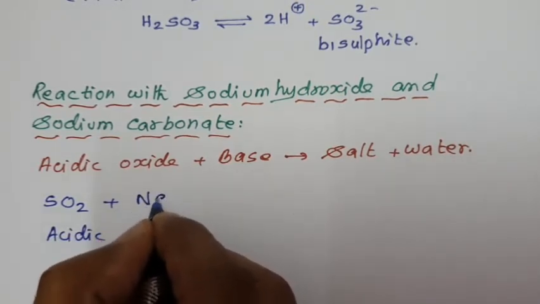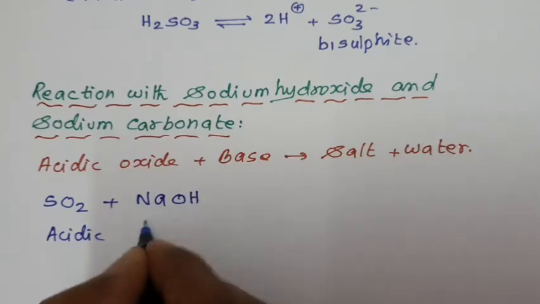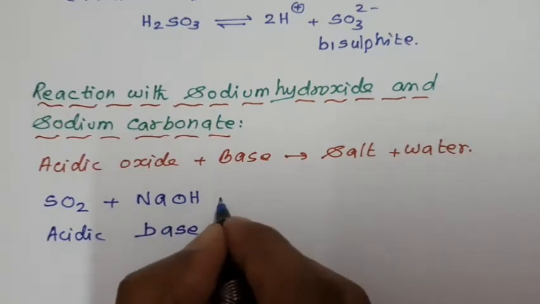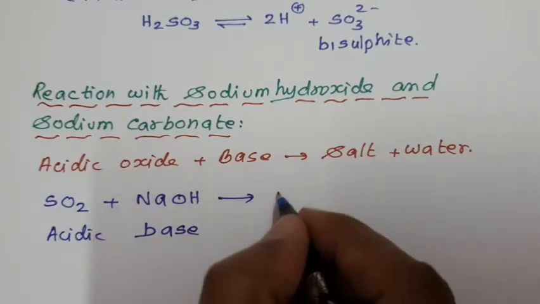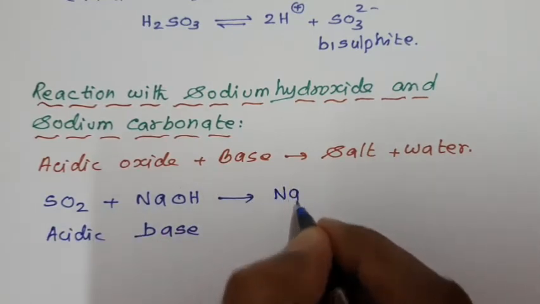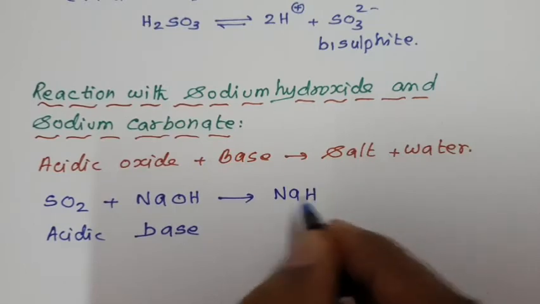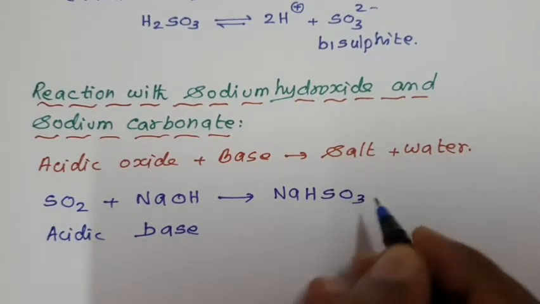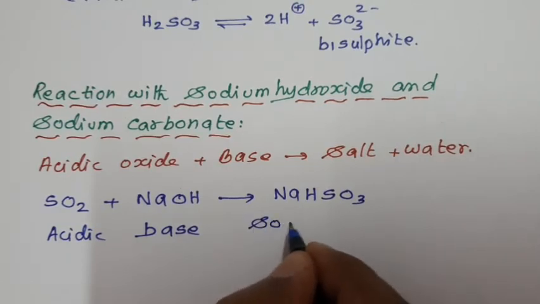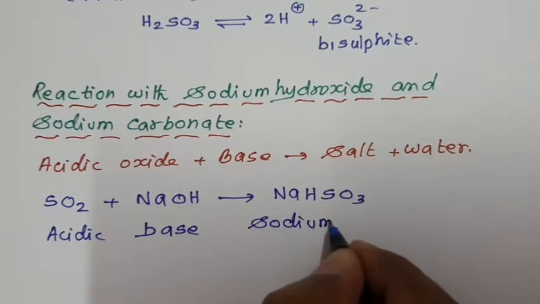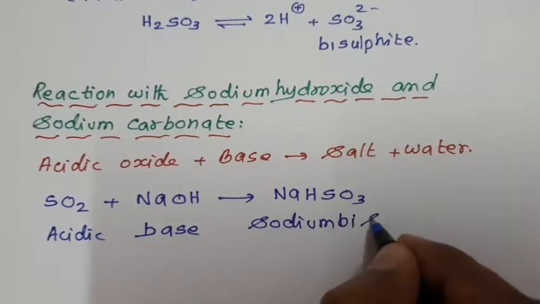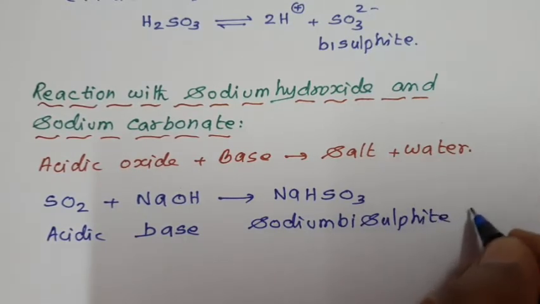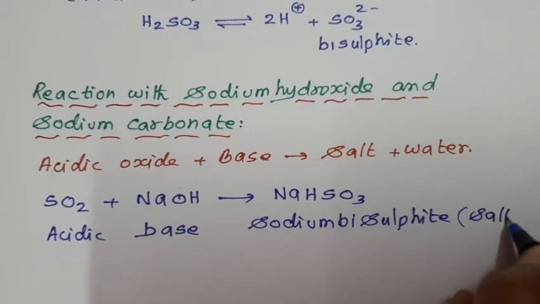When dissolved in sodium hydroxide, which is a base, it gives NaHSO3, sodium bisulfite. This is your sodium bisulfite. Sodium bisulfite is a salt.